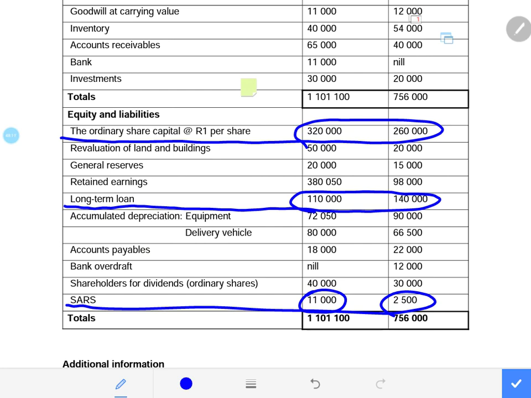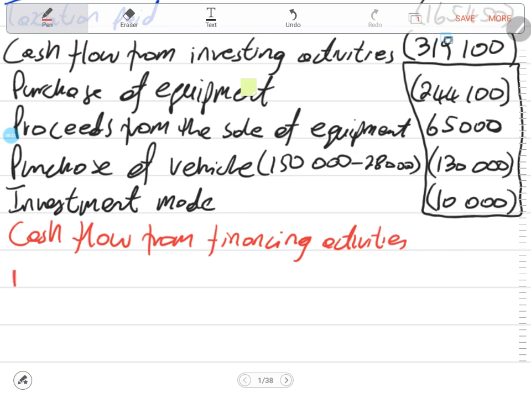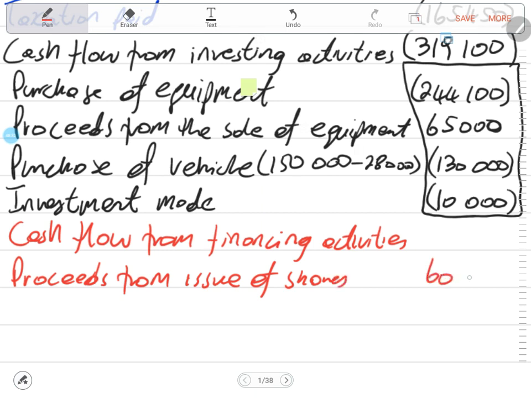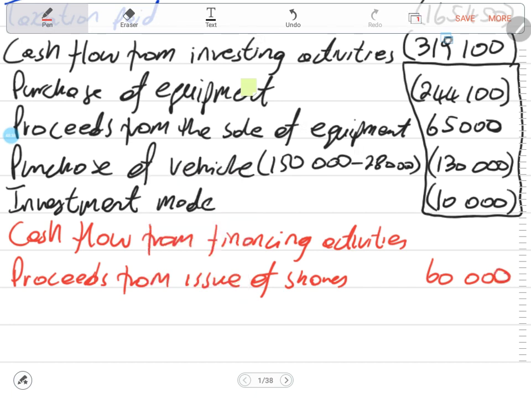Hence our share capital increased. In other words, we received money from the issue of shares. Then this will be proceeds from issue of shares, and that amounted to 60,000 rands. 60,000 rands cash that is received from the issue of shares.